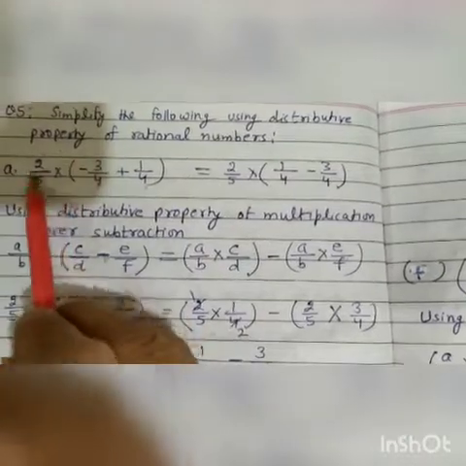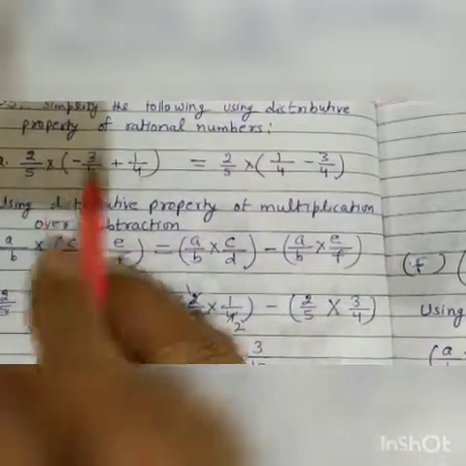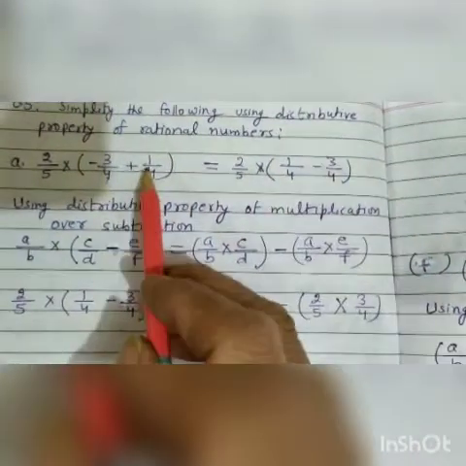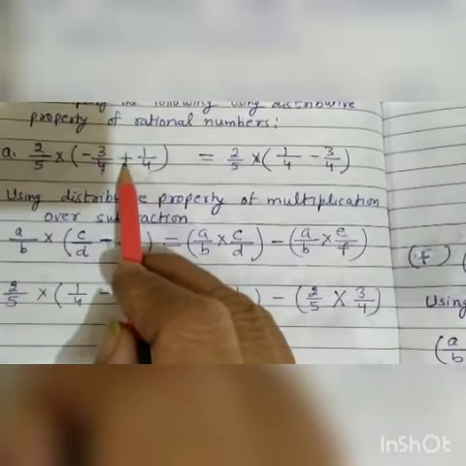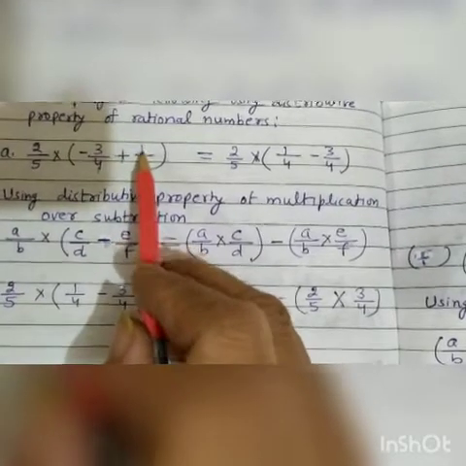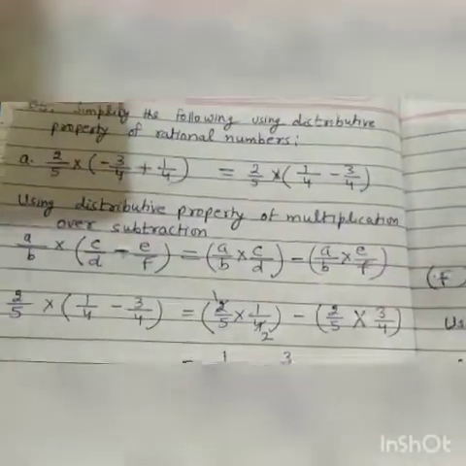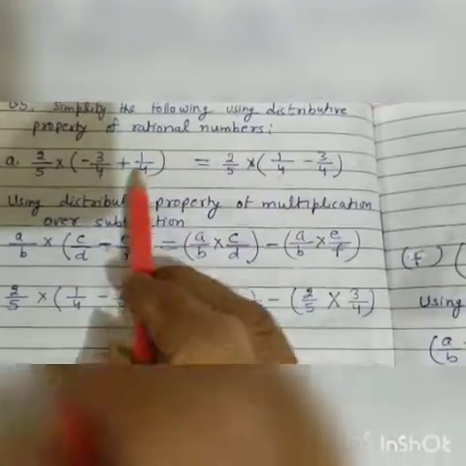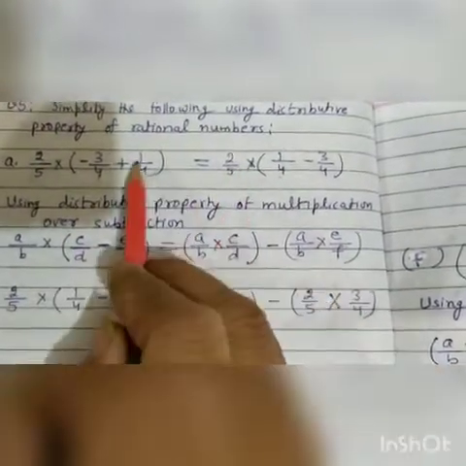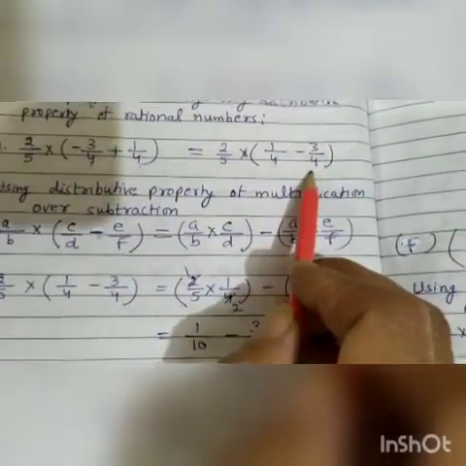Students, we can write this given question as 2 upon 5 as it is, then multiply sign, then first we will write this 1 upon 4. This is a positive sign, so we can write it. We can solve it as it is also, but here I am writing it like this. It will be easy for you. So 2 upon 5 multiply this 1 upon 4, then this minus 3 upon 4.